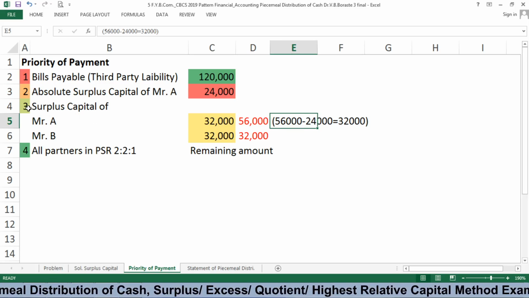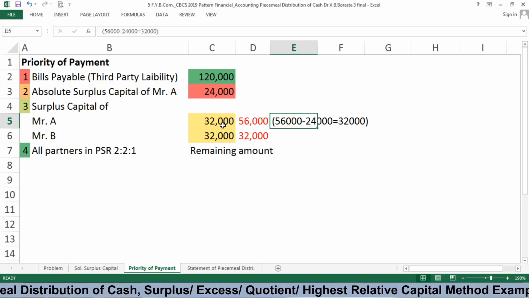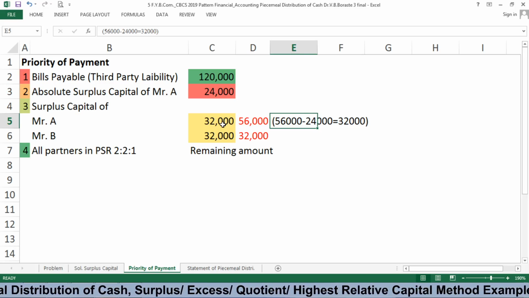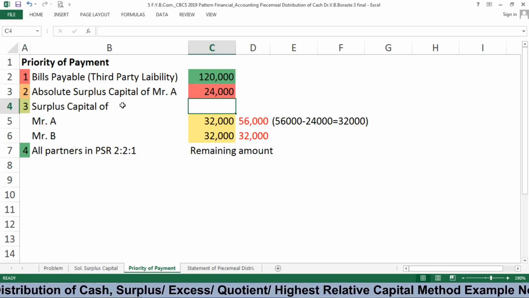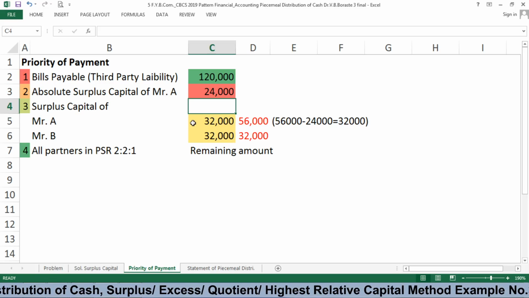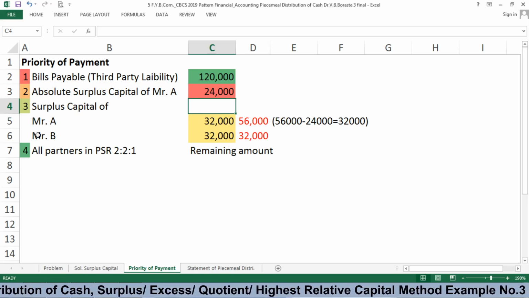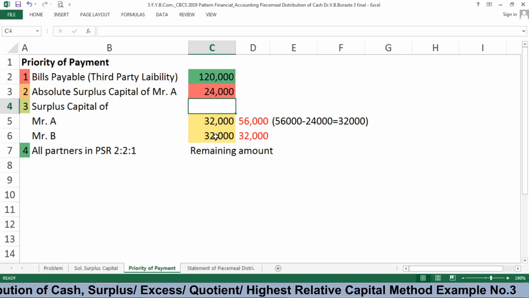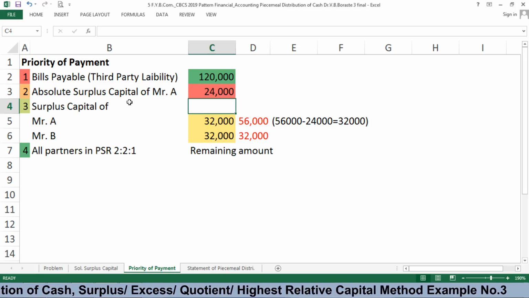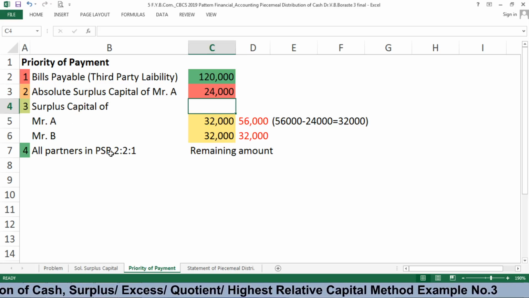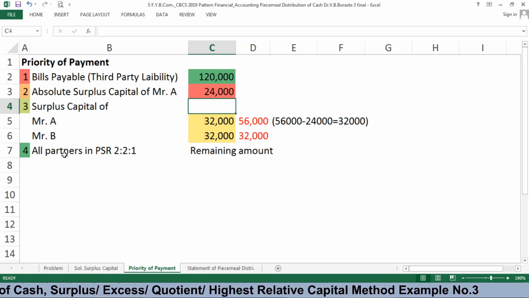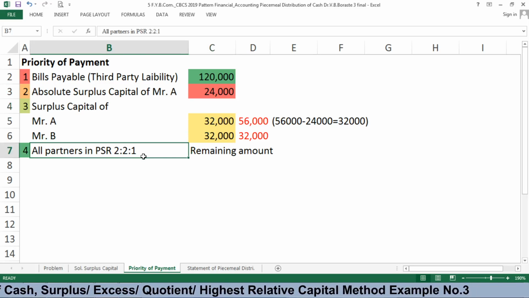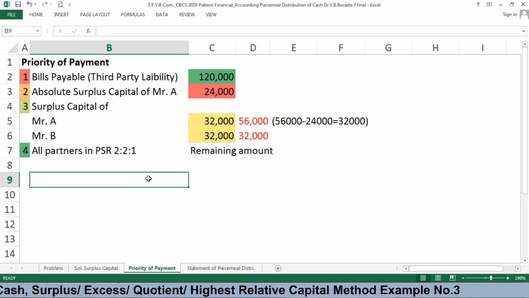So in the third stage, Mr. A will get only 32,000, because he already received 24,000 as absolute surplus, and B's amount will remain the same. After payment of all these liabilities, if your firm has some amount left, at that time you can pay that amount to all partners in the profit sharing ratio.